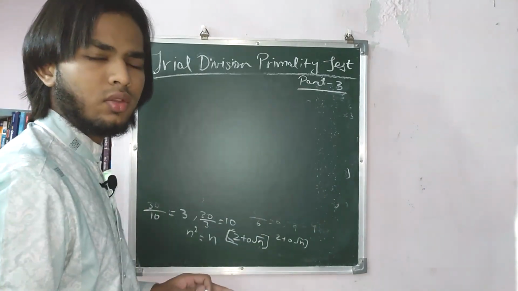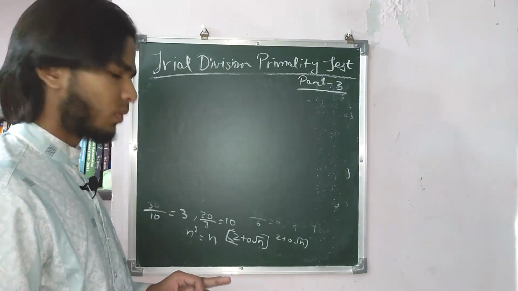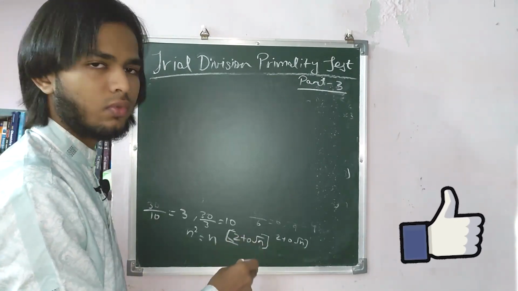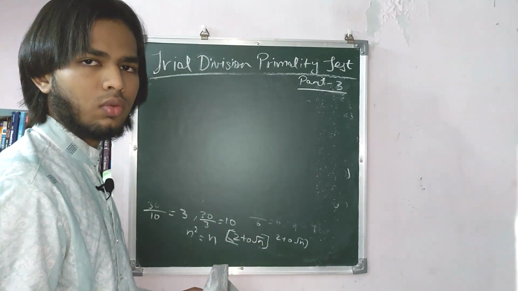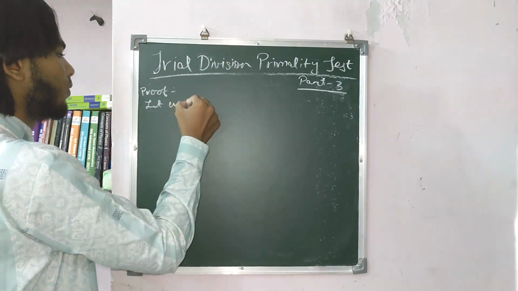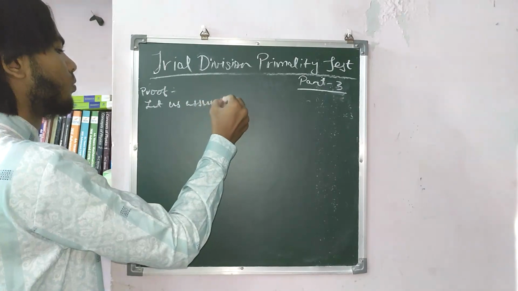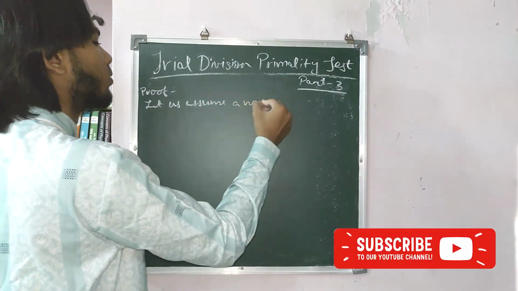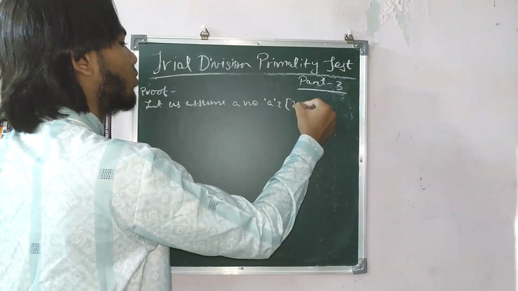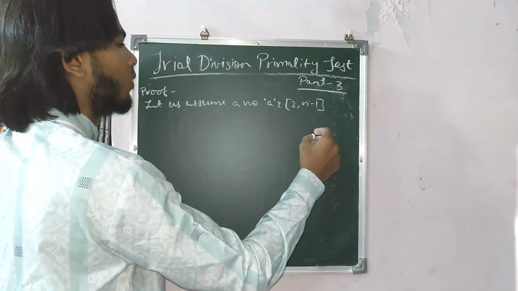If you have understood and you are convinced by the example that we have to run the loop from 2 to square root of n, you can skip the later part also. So let us assume a number a which belongs to 2 to n minus 1.